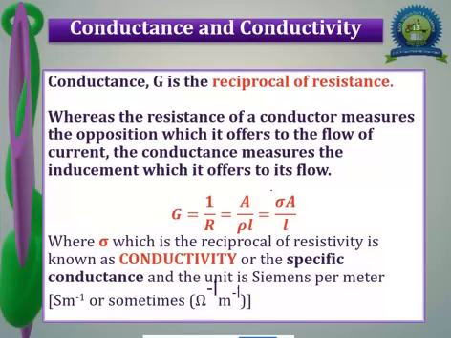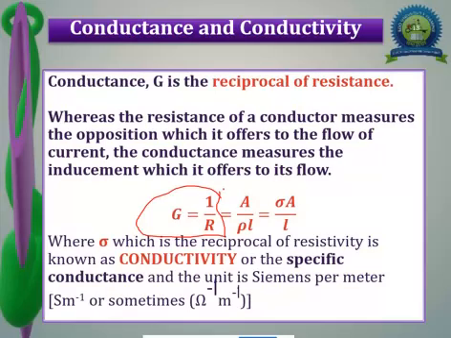I repeat, the opposite of resistance is conductance. So, conductance with symbol G is equal to 1 over resistance, as you can see in this place.